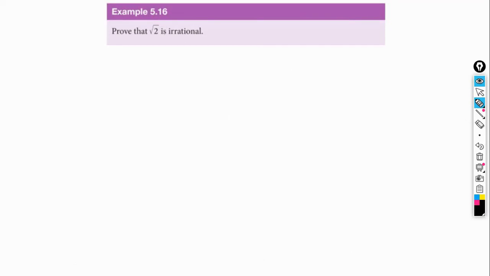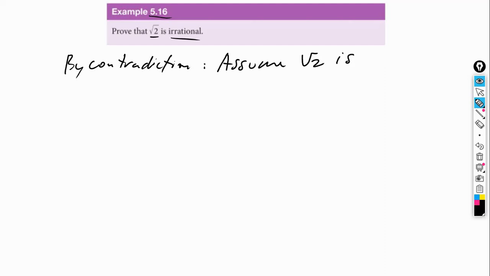So next we're going to do example 5.16, and it says, prove that square root of 2 is irrational. So again we say by contradiction, and then assume square root of 2 is rational.